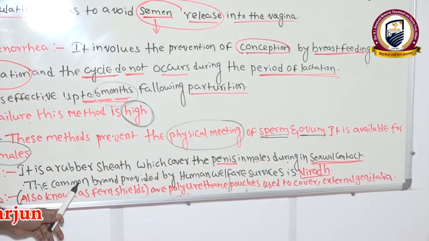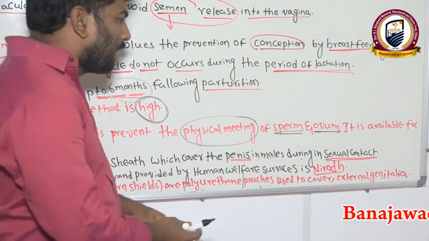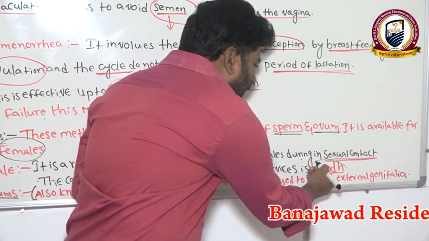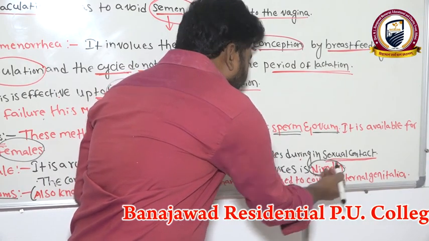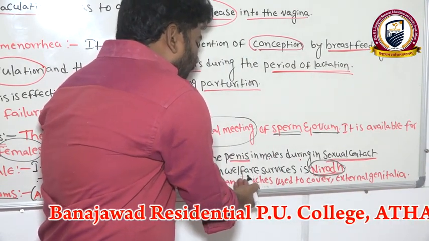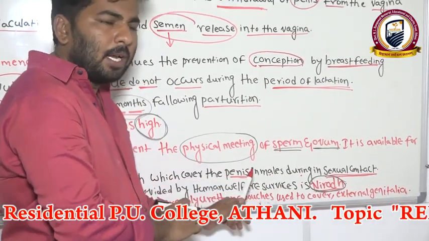The common brand provided by Human Welfare Services is Nirodh. Nirodh is a common brand provided by the Human Welfare Services. That is the male condom.